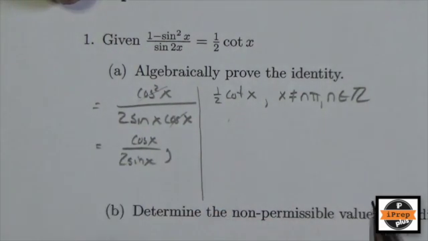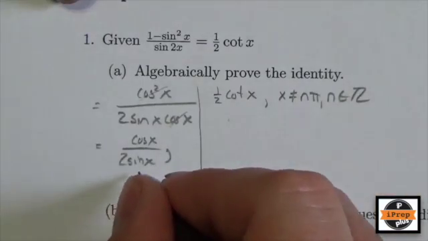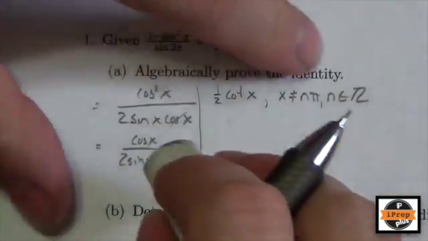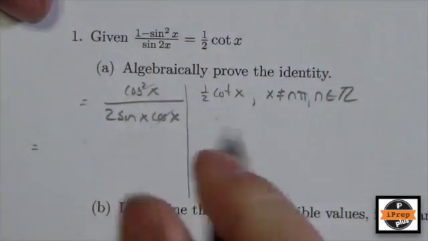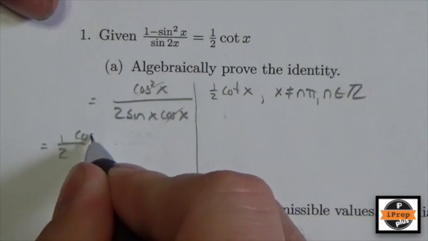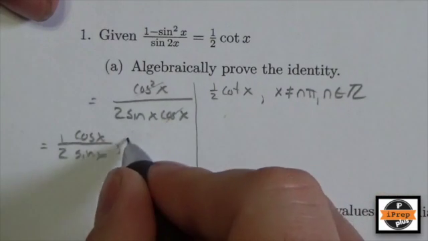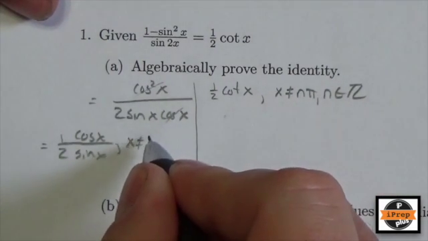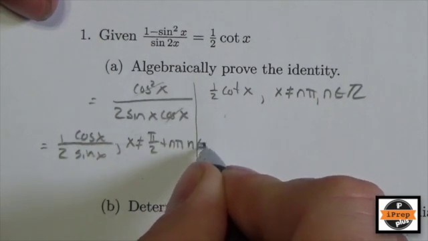Now, that is true as long as cosine doesn't go to 0. And cosine goes to 0 at x... I'm going to give myself a little bit more room here. We can say that this is going to equal 1/2 the cosine of x over the sine of x, so long as x does not equal pi over 2 plus n pi, where n is an element of the integers.